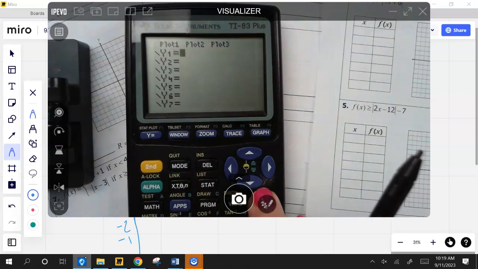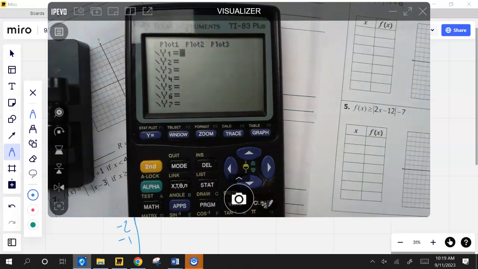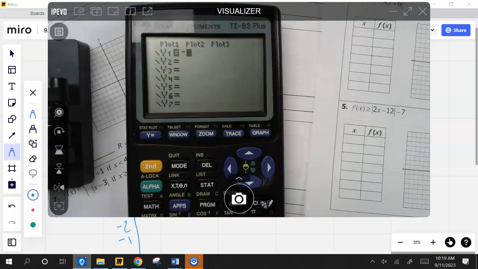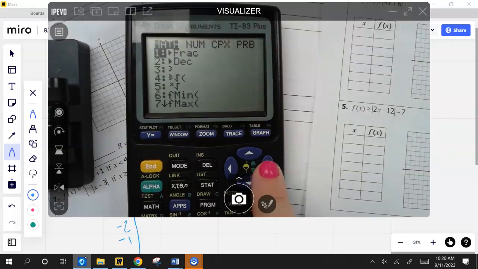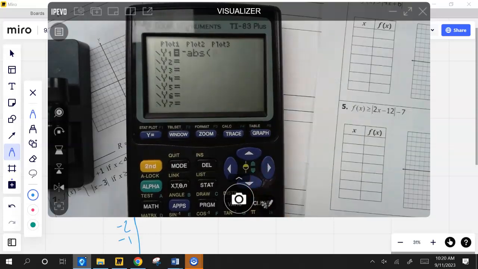All right, so what you're going to do is y equals, the negative sign first, right? And then go in y equals first. Negative, and then math over to num, ABS, 3x plus 9.